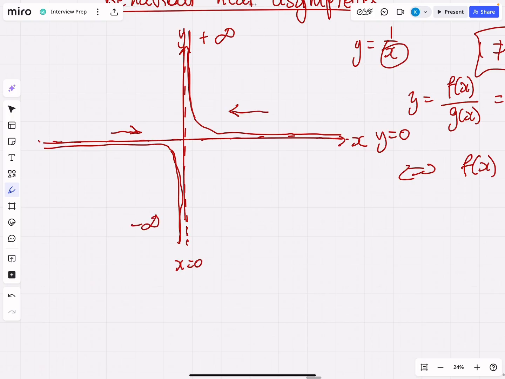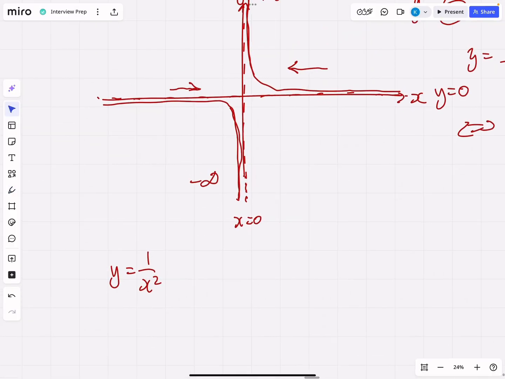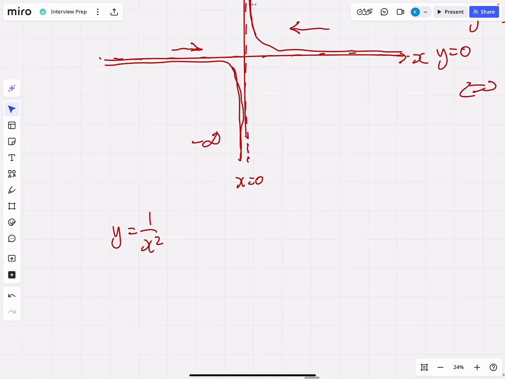Now, this is really important when you're sketching graphs, because you might have a graph like y equals 1 over x squared, where it tends towards the same value at your vertical asymptote. So the graph of y equals 1 over x squared is going to look a bit like 1 over x, but this part's flipped, right?